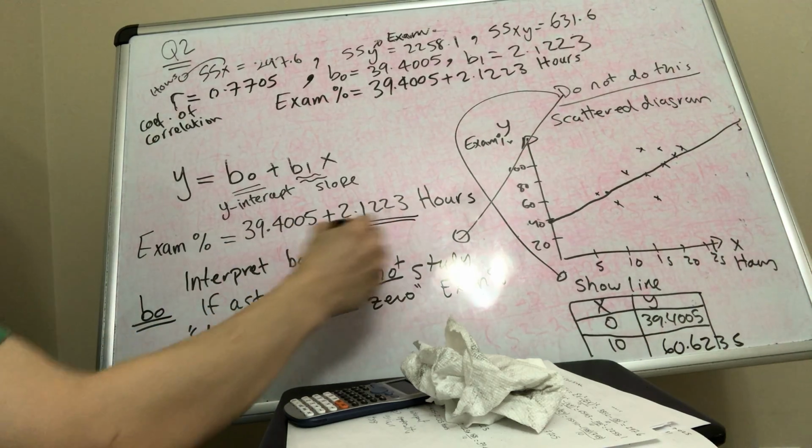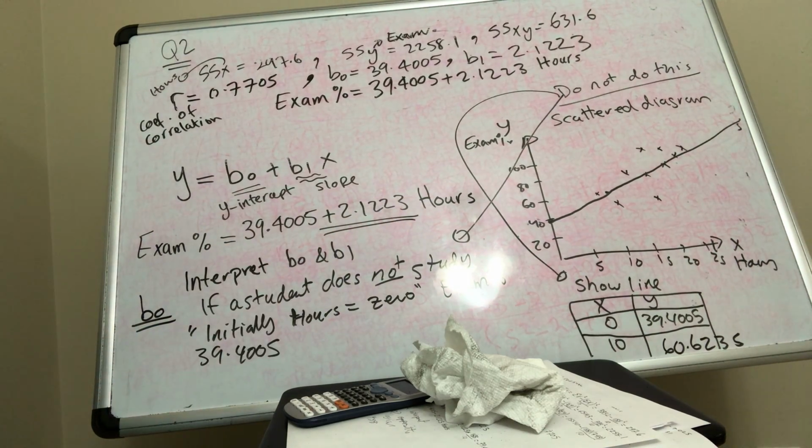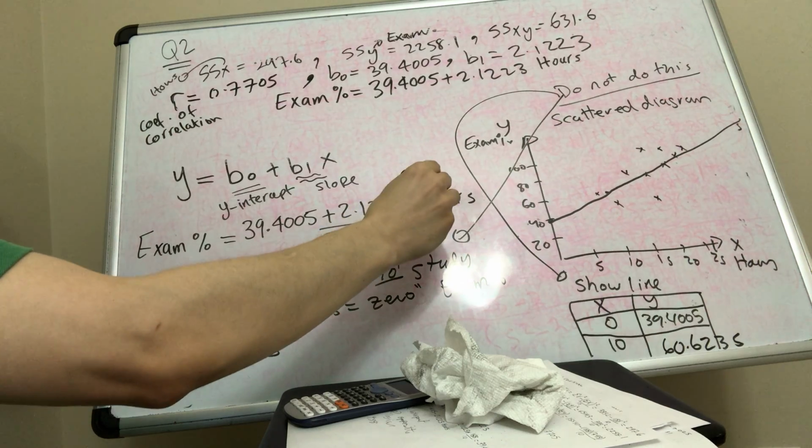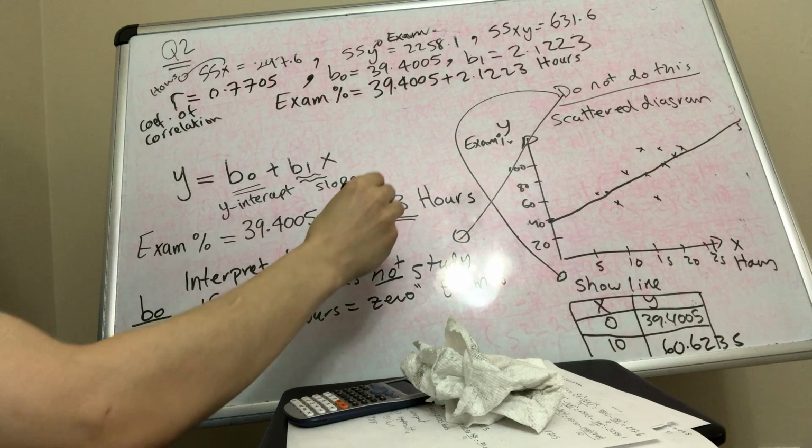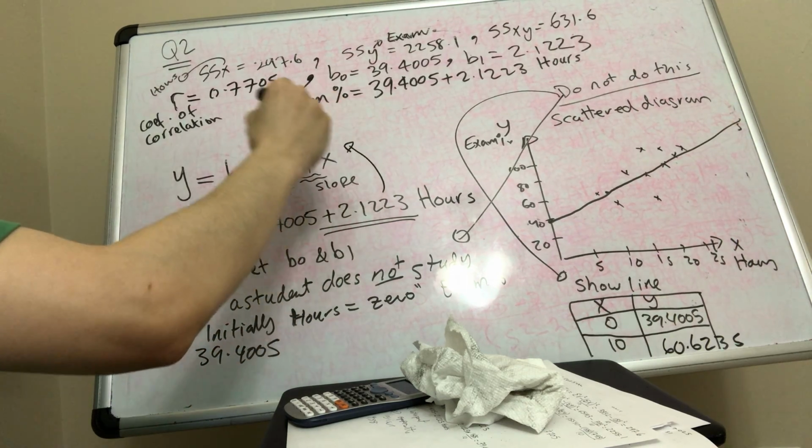Now what does the slope mean? Every hour you study, your exam percentage will go up by 2.1223.